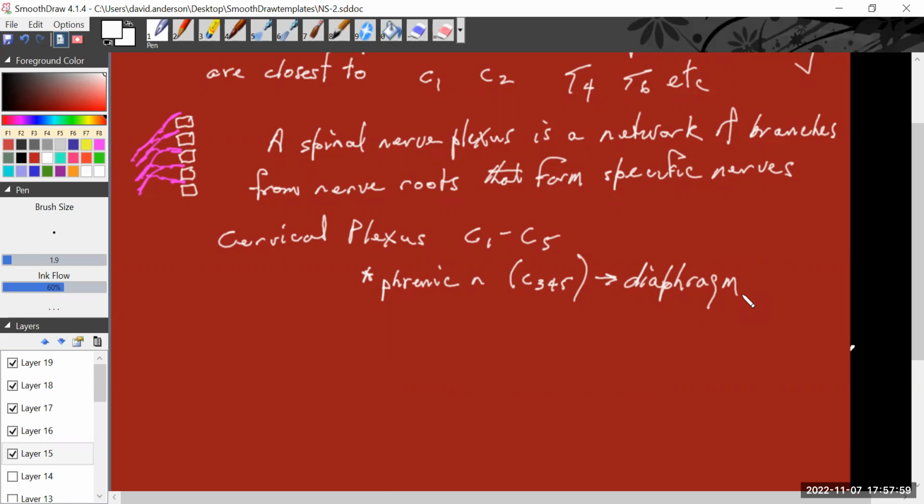People who fracture their neck and sever their spinal cord at the level of C4, you can see here right in the middle, are in danger of completely damaging the phrenic nerve and losing the function of the diaphragm. So this is probably the most important nerve from a life-threatening point of view that comes out of this cervical plexus.